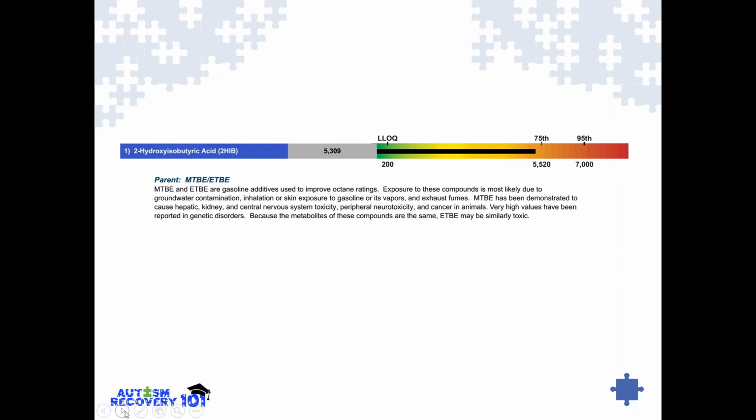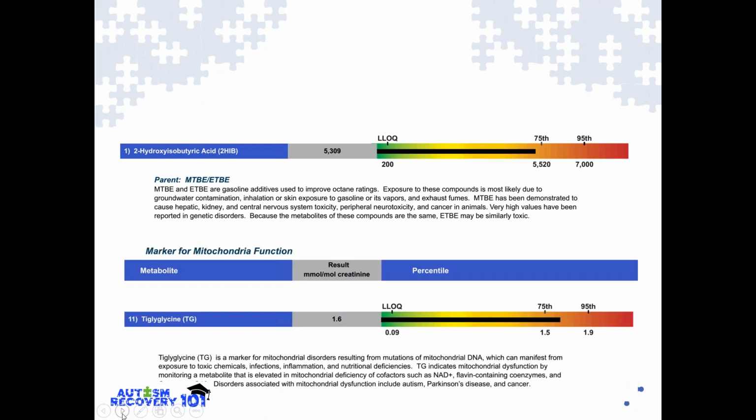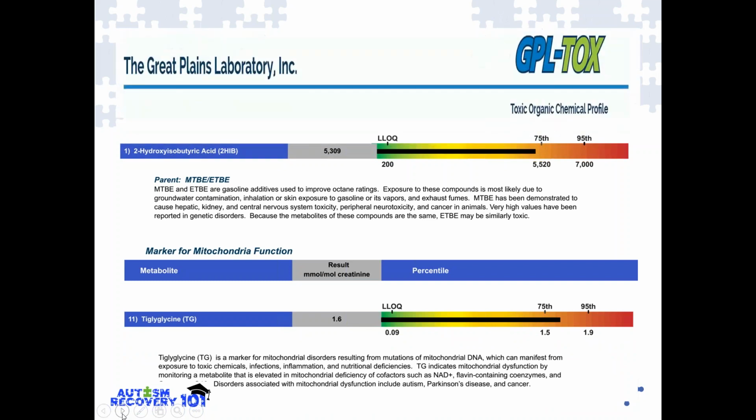And what's being discovered, by the way, with regards to the succinic is that it seems to be strongly correlated to chemical exposure of some form or another. Great Plains Laboratory has something called the GPL tox screen. This is a urine test that looks at environmental chemicals, and invariably what you'll find when the succinic is high sometimes is chemical exposure to, say, gasoline additives, which are pretty common for anybody living in or near a city.